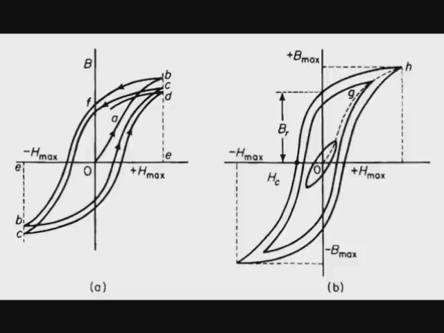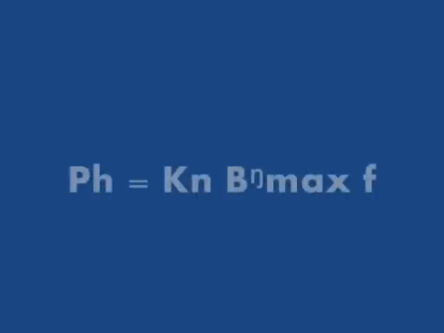I and flux have the same function. Hysteresis loss is given by Ph equals Kn B max to the power n times F, where n equals 1.5 to 2.5, K is a constant, and B max is the maximum flux density.